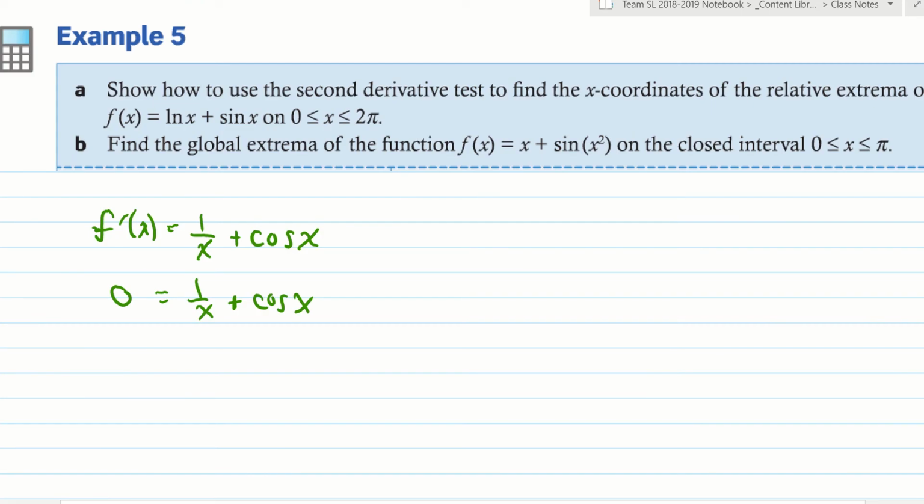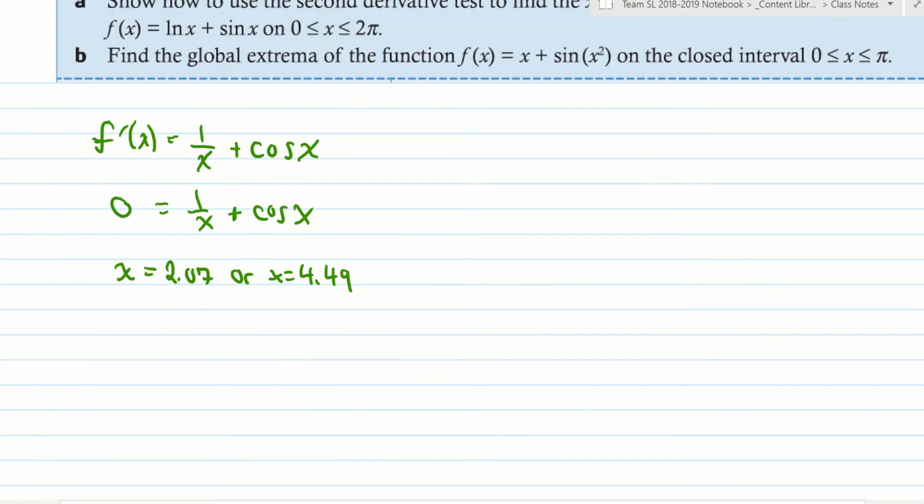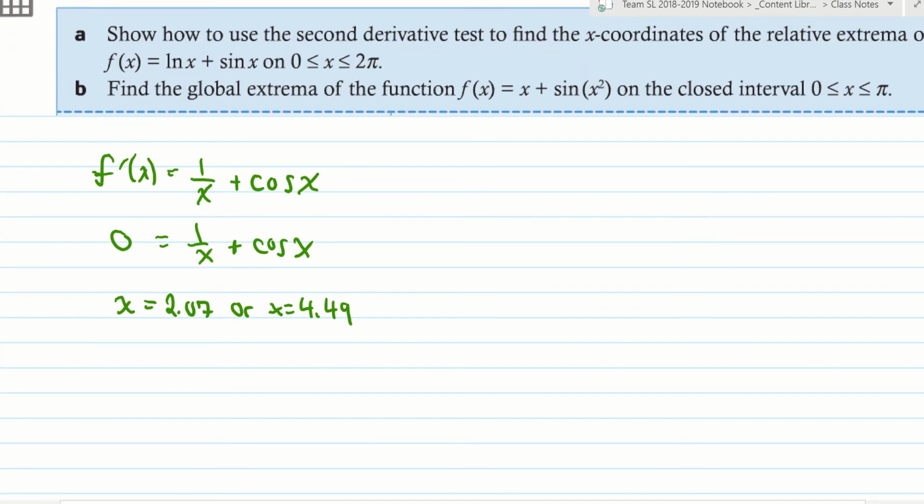All right, so let's go ahead and write our x values down. So x equals 2.07 or x equals 4.49. All right, now all we need to do is use a second derivative test to identify if the extrema are minimums or maximums.